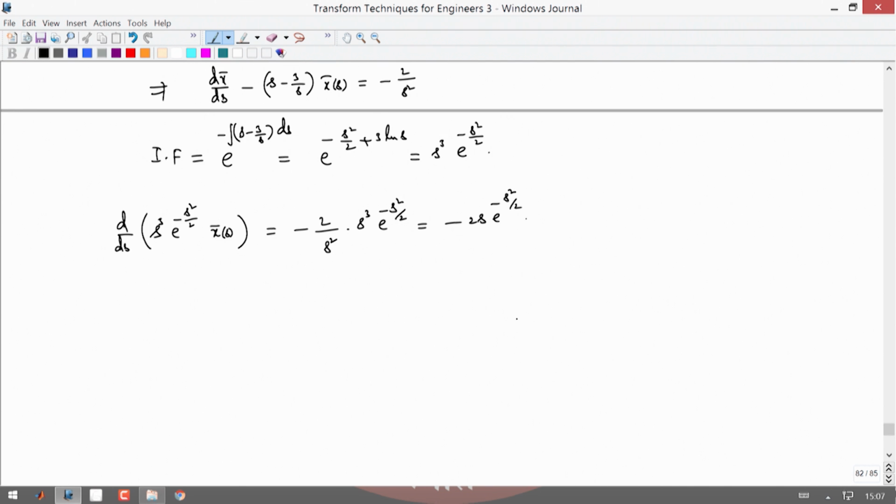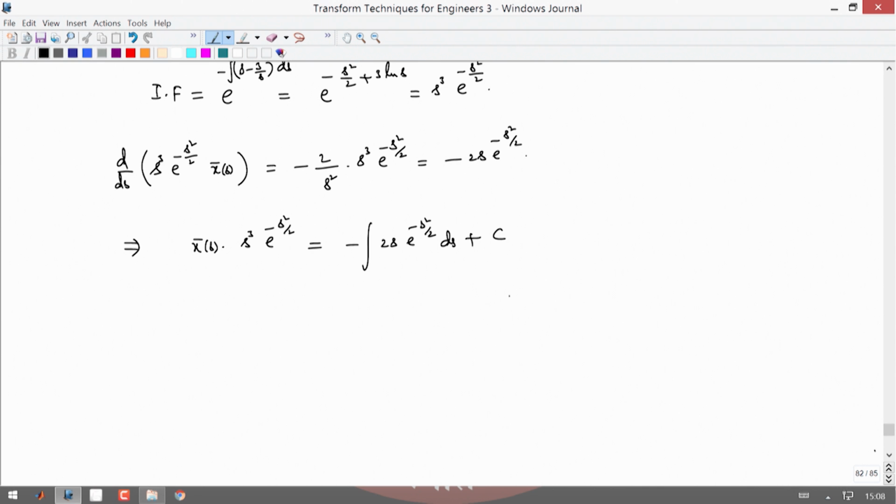So, you can integrate and get this x bar of s times s cube times e power minus s square by 2 is actually equal to minus integral 2s e power minus s square by 2 ds plus an arbitrary constant c, integration constant.